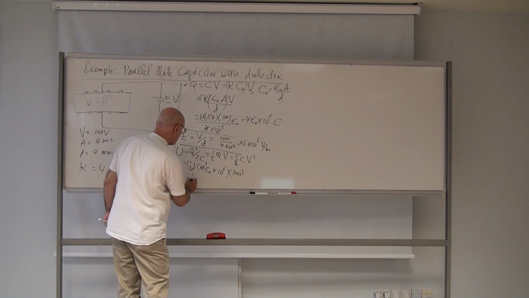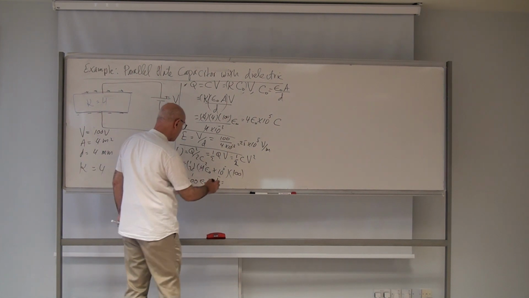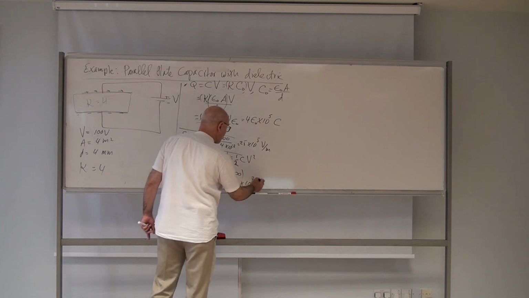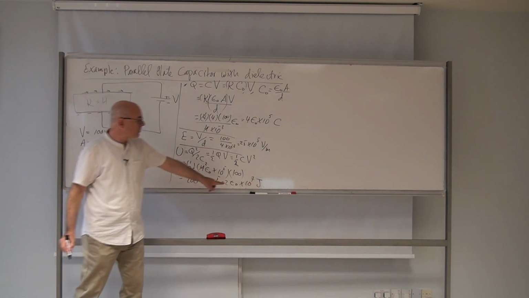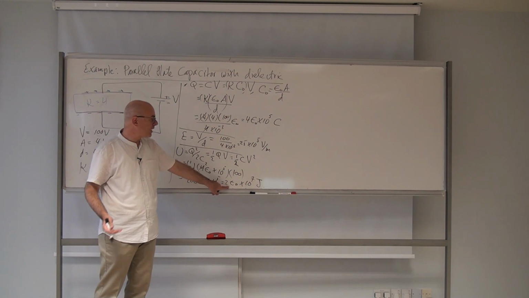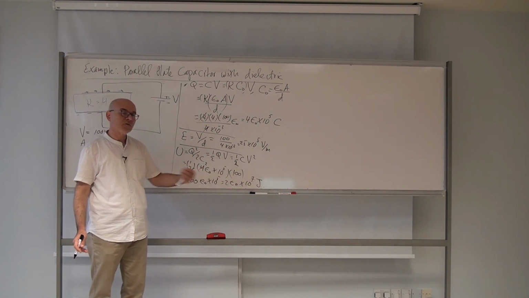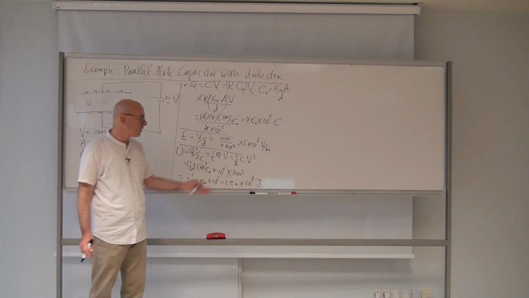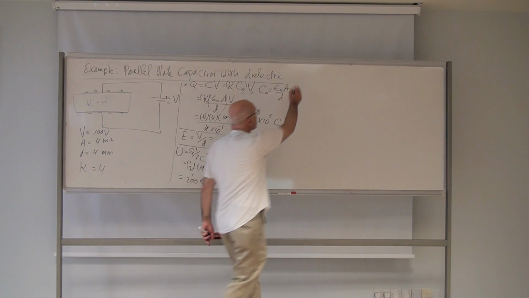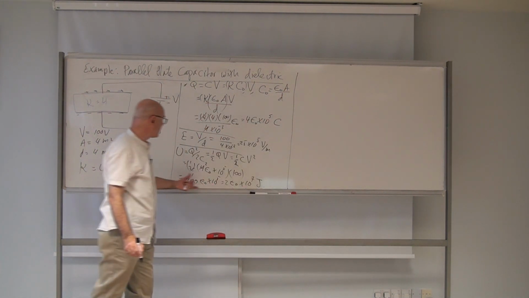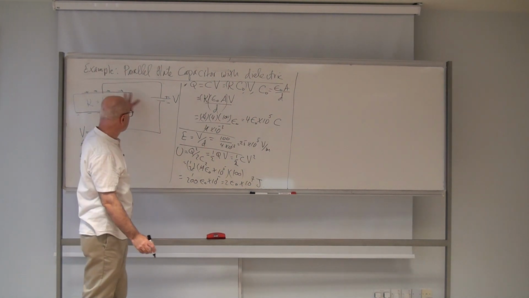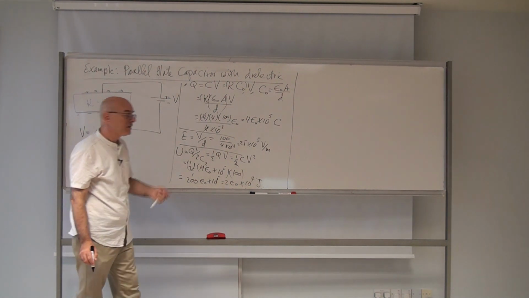So it becomes 200 epsilon naught times 10 to the power 5, which becomes 2 epsilon naught times 10 to the power 7 joules. Again, keep in mind that epsilon naught is of the order of 10 to minus 12. So this quantity is of the order of 10 to minus 5 joules. So it's small. This is the energy stored in the capacitor when the dielectric is filling the space between the plates.